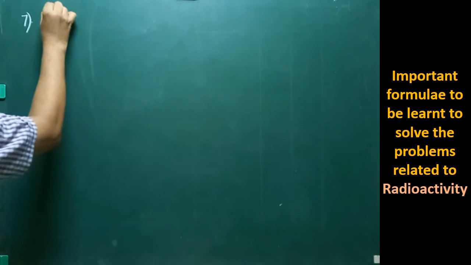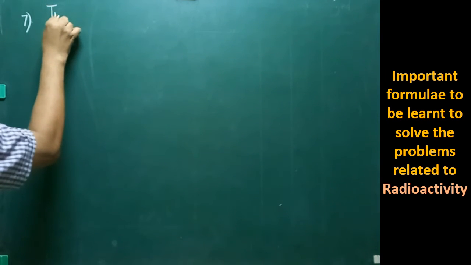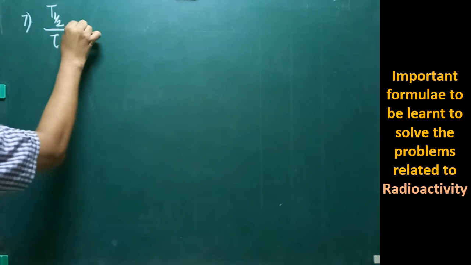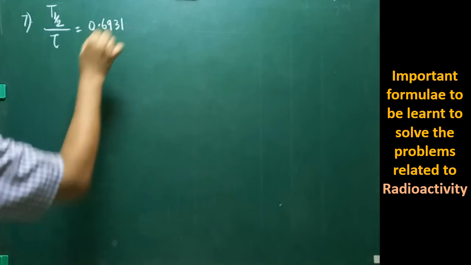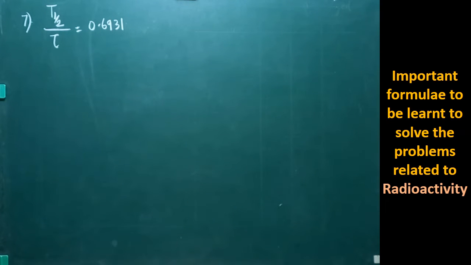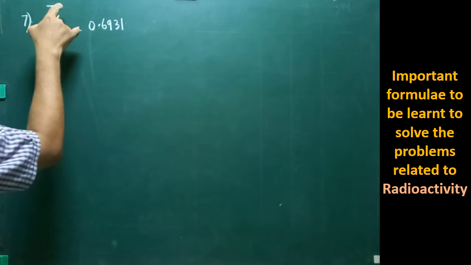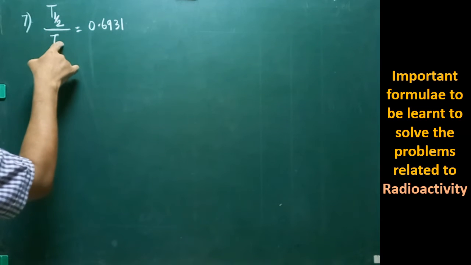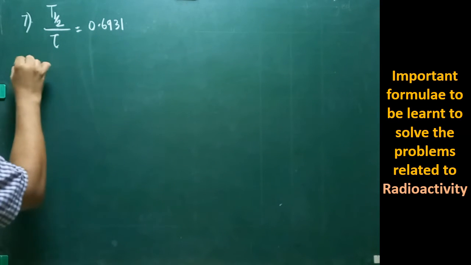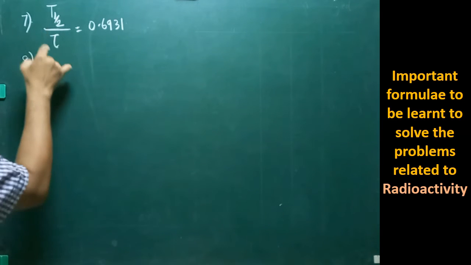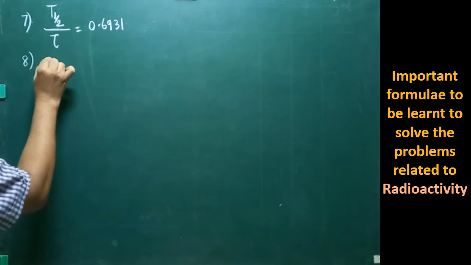You should know one basic relation: if the half-life period is divided by the mean life, you will get this decimal number 0.6931. Always the half-life period is lesser than the mean life. That's why you are getting a number like this. The value will be lesser than 1.